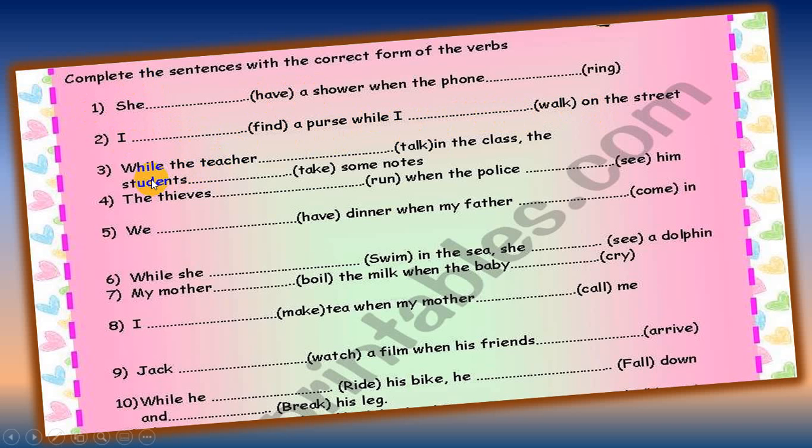The third one: while the teacher was talking in the class, the students were taking some notes. Here we have two actions. Neither of them interrupted the other. The teacher was talking and the students were taking notes, so they didn't interrupt each other.